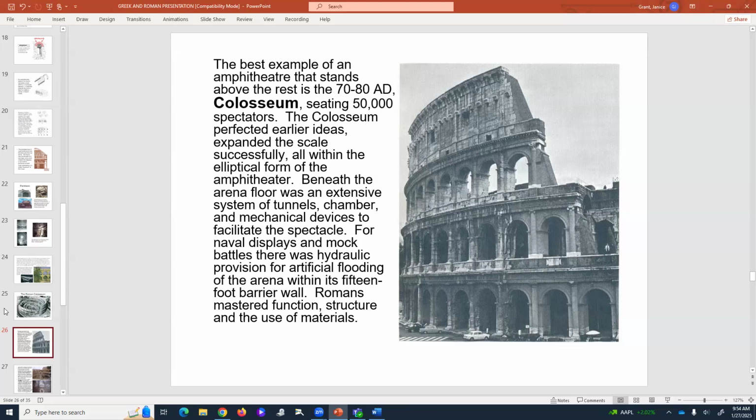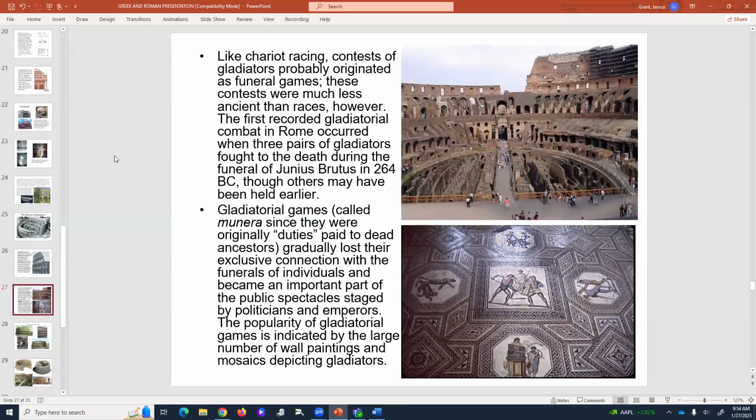And something else is not in here, maybe it's in the next slide. No. When you go into a stadium now, you only have so many entrances. And you go into an entrance and you have to walk all the way around to get to your seat. Well, the way that they could get everyone in and out of this Coliseum is that they had several entrances.